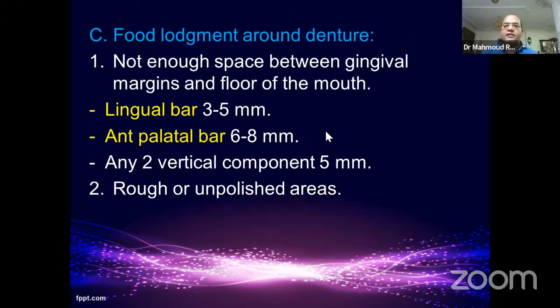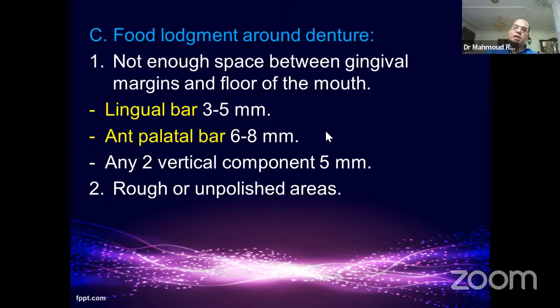If we have from 3 to 5 millimeters of clearance space, we may use a lingual bar. If you don't have this space, please use a lingual blade. Also in the maxillary major connector, the distance must be from 6 to 8 millimeters between the anterior border of the bar or plate and the gingival margin.